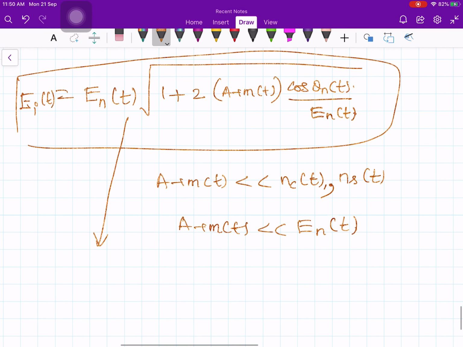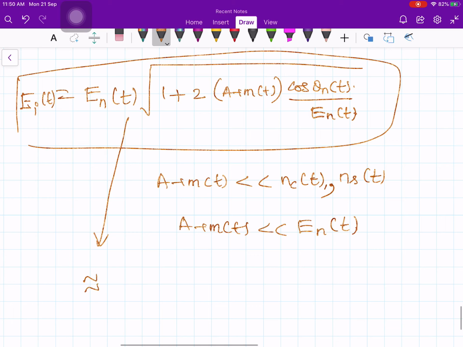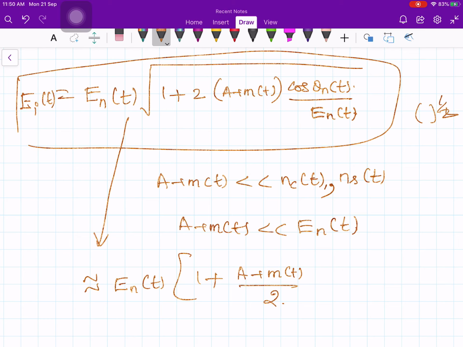This is approximately written as En of t multiplied by 1 plus, I put the 1 by 2 and expand using a series, and then you will get (a plus m of t) by 2. I am disregarding the higher order terms. Then En of t cos theta n of t.